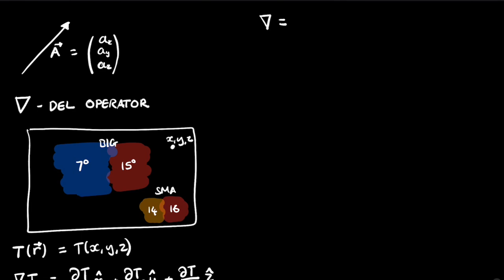Del is the derivative with respect to x in the x hat direction, plus the derivative with respect to y in the y hat direction, plus the derivative with respect to z in the z hat direction. So it's basically like a big vector derivative packet, and if you act it on this scalar right here, then you get a vector quantity which is the derivatives of the scalar field in the three different directions.